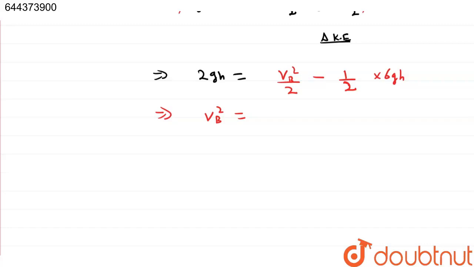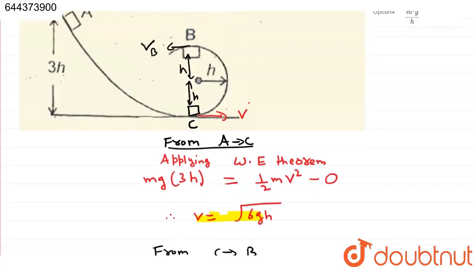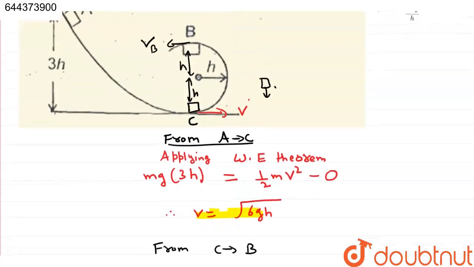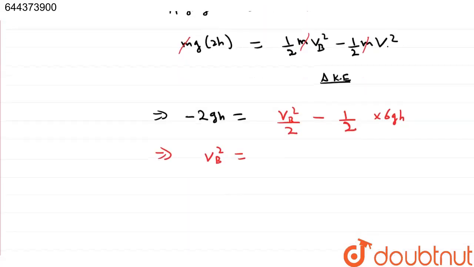there is one mistake here. I have not used the negative sign here, because mg force is in downward direction and the block is moving from C to B, so it is against the direction of mg, the movement of block. So we have minus in place of work done.